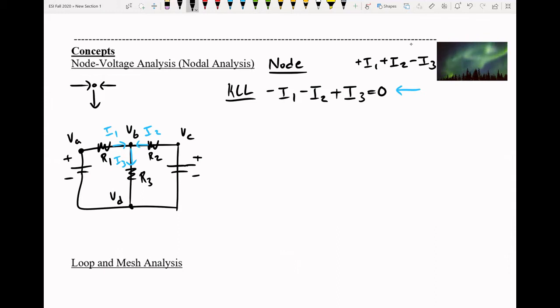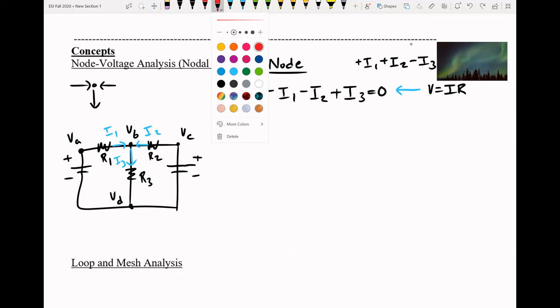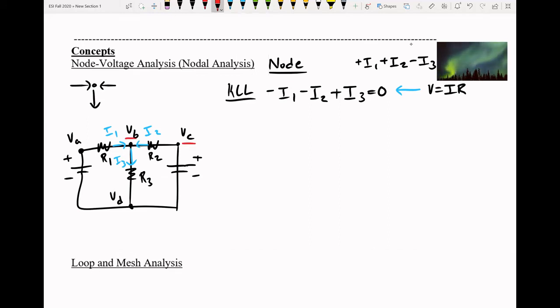Okay, and what we're going to do is employ V is equal to IR in this equation. And we're going to use the concepts of voltages at a point. So what does that mean? Notice how we put VC, VB, VA, and then VD.